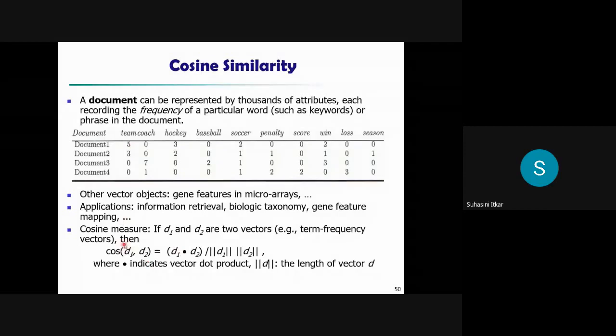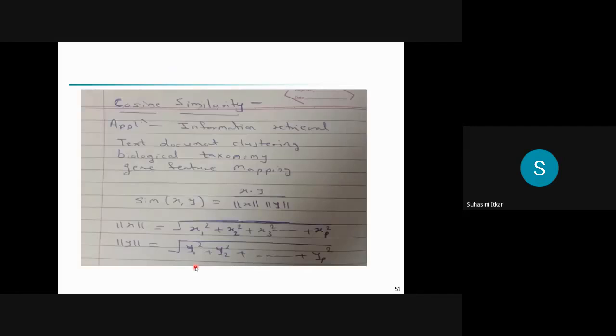So the cosine similarity is calculated using this equation, where d1 dot d2 indicates the vector dot product, and the norm of d represents the length of vector d. Based on this equation, now we will see one example and calculate the similarity.